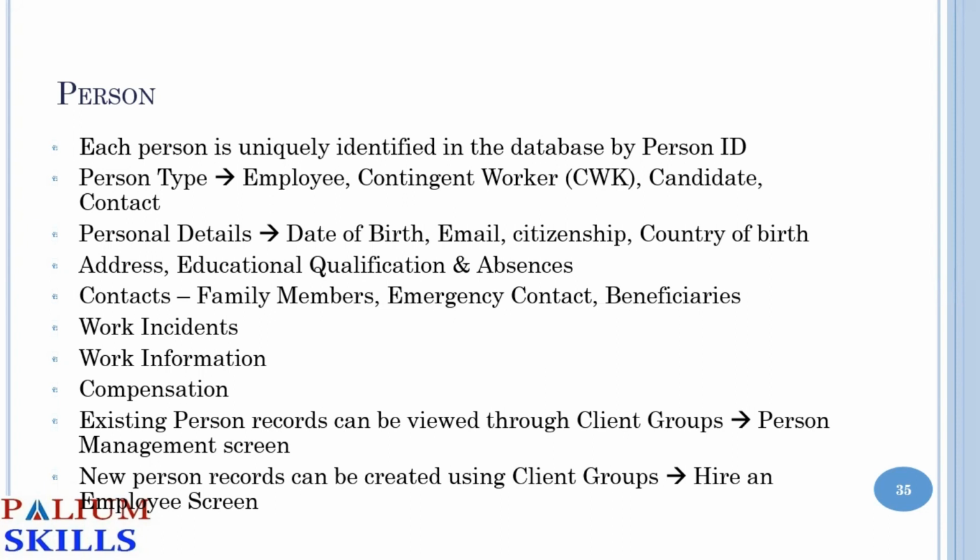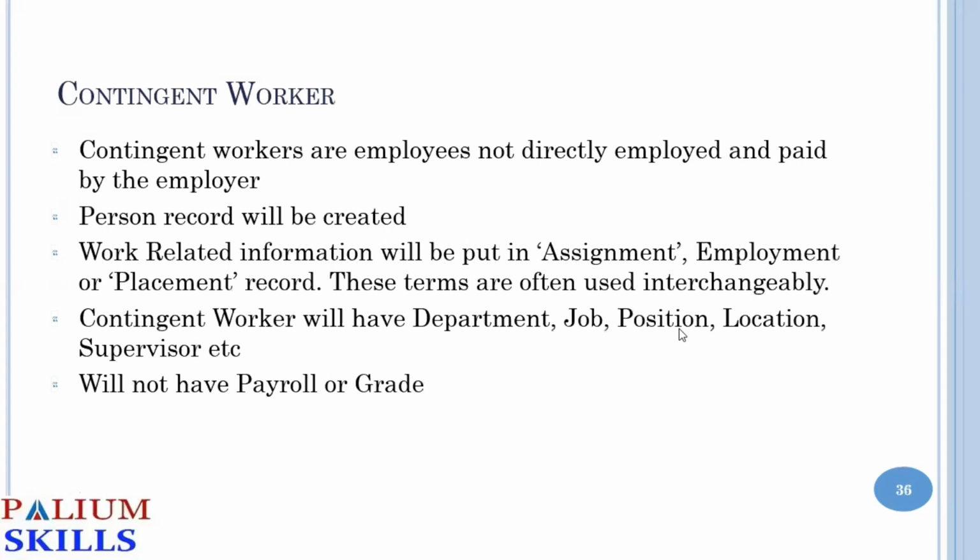New person records can be created using My Client Groups, Hire an Employee. Last week, I was showing you the DFF from where you can see these. So that is all about the person information that you hold in the application.